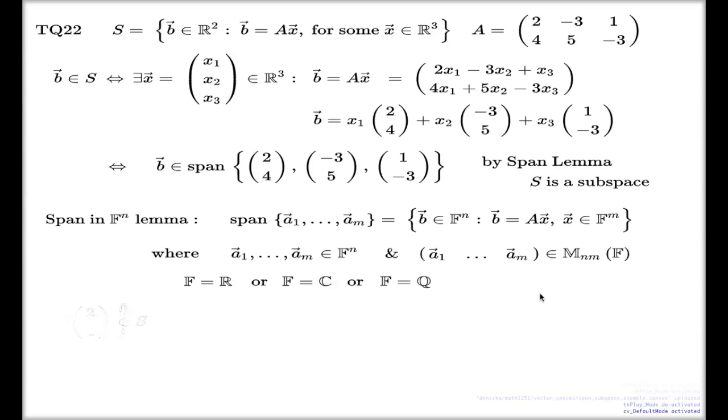That is exactly what happened here. My M here is 3. My N here is 2. F here is the real numbers. Vectors a1, a2, a3, here they are in this setting.